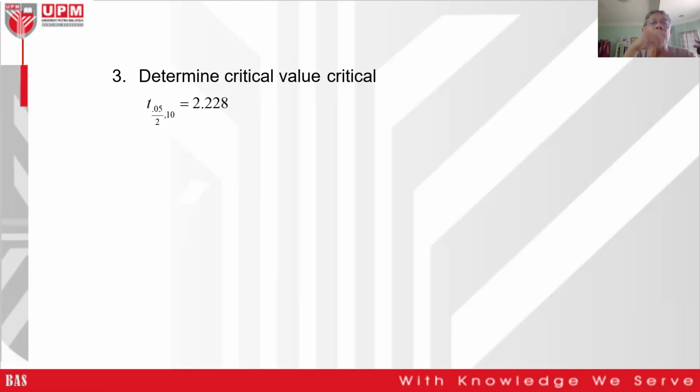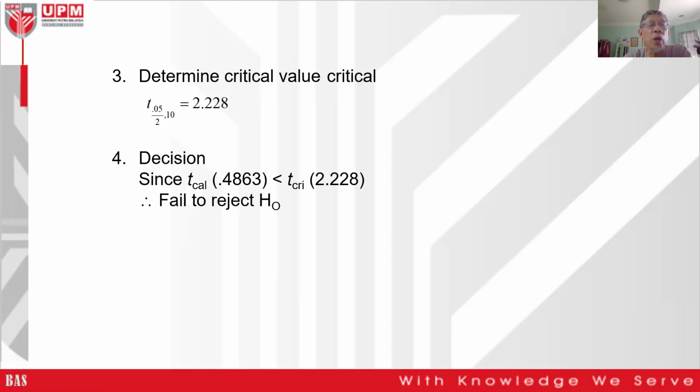Okay, so everyone, you have derived the critical value at 0.025, degree of freedom is 10, the critical value for T is 2.228. So as we expect, when we want to make our decision, we just compare the calculated T, which is 0.4863, against the critical value 2.228. Our calculated T is smaller than the critical T, right? Therefore, fail to reject H0.